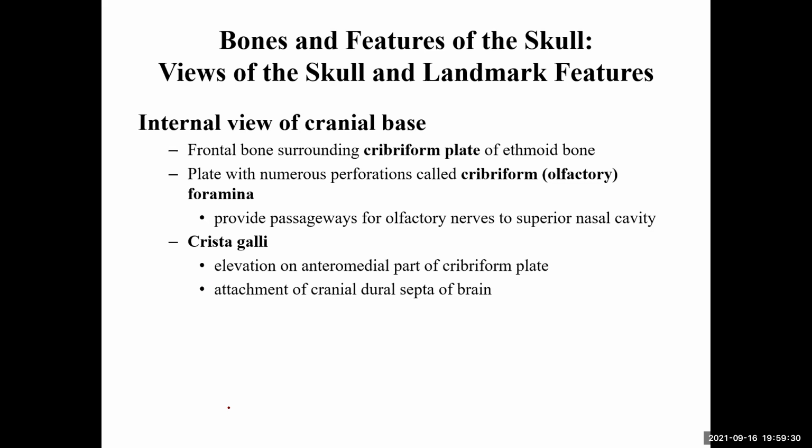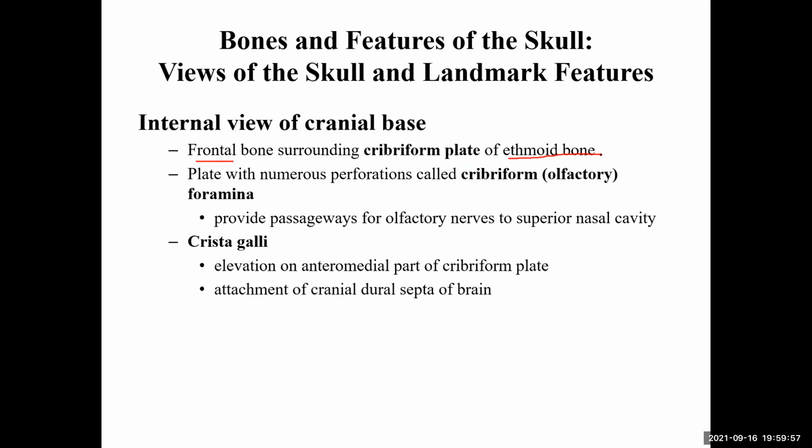Okay, so when we're looking down at the skull, we're going to go all the way to the anterior portion, and we're going to look at the frontal bone. And we're going to see the frontal bone is going to have this structure right in the center. And I want you to think of the frontal bone as the ocean and the ethmoid bone as an island floating in that ocean.